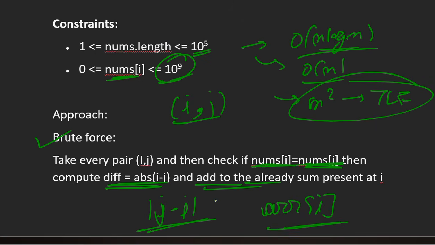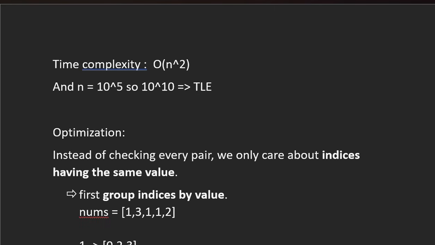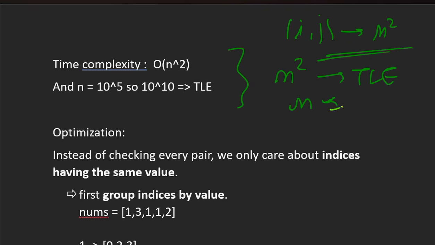This way we'll get the sum of all the values of j minus i where nums of i is equal to nums of j. But the time complexity of this approach is O(n squared), because finding all the pairs i, j takes n squared time. We have already discussed that n squared will give us time limit exceeded for n up to 10 to the power 5.